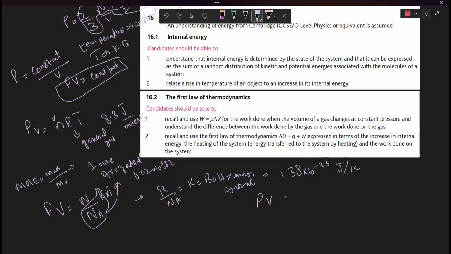So the equation becomes PV is equals to capital N, K and T. What do we match this with? With the other equation, this one.